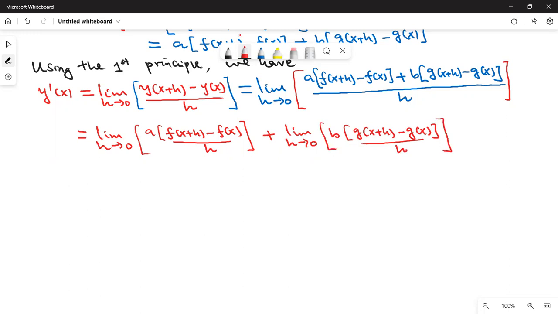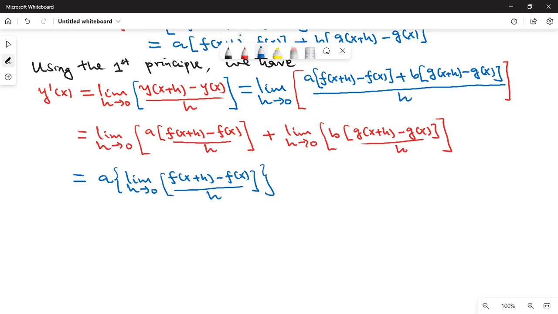And you see a and b are constants, so they can be factored out so that this limit can be written as a times the limit as h approaches 0 of f of x plus h minus f of x, the whole of this you divide by h.